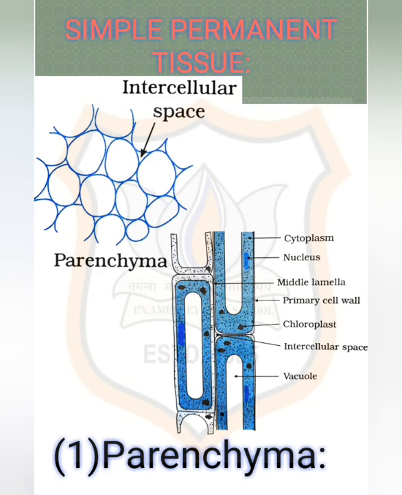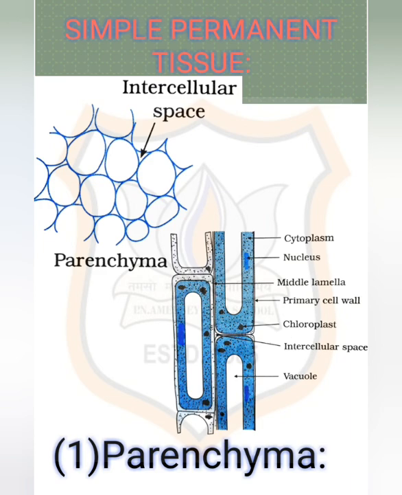Chlorenchyma is parenchyma with chlorophyll, and aerenchyma is parenchyma with large air cavities within. So chlorenchyma and aerenchyma are two parts of parenchyma.